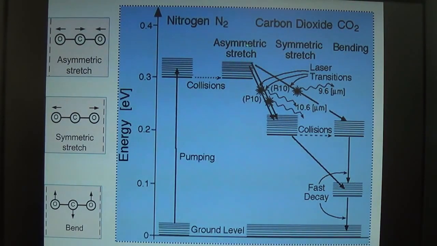As I told you earlier, the CO2 molecules come first of all into the asymmetric stretching level, and from here they jump into the symmetric stretching and the bending, these two different states.